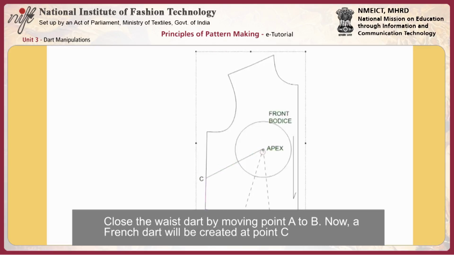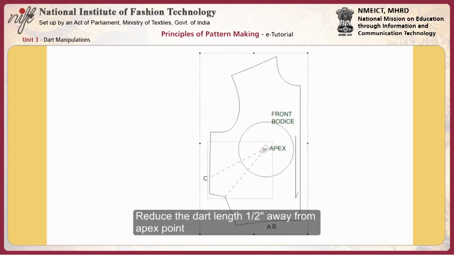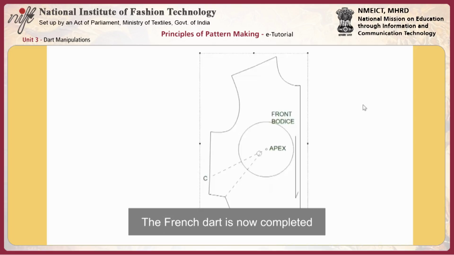Close the waist dart by moving point A to B. A French dart will be created at point C. Reduce the dart length half an inch away from apex point. French dart completed.